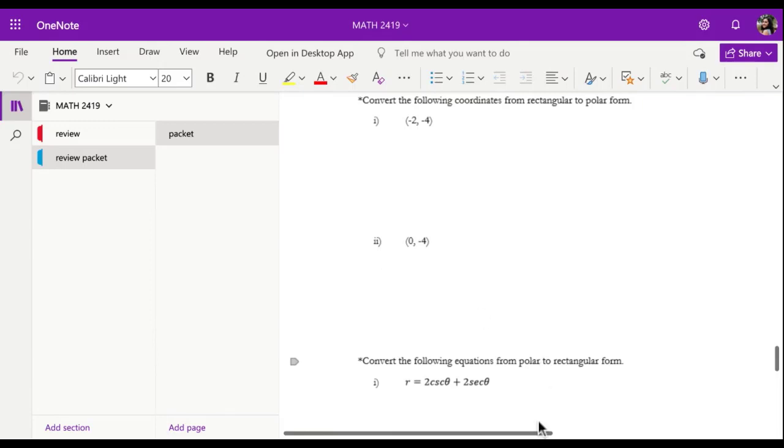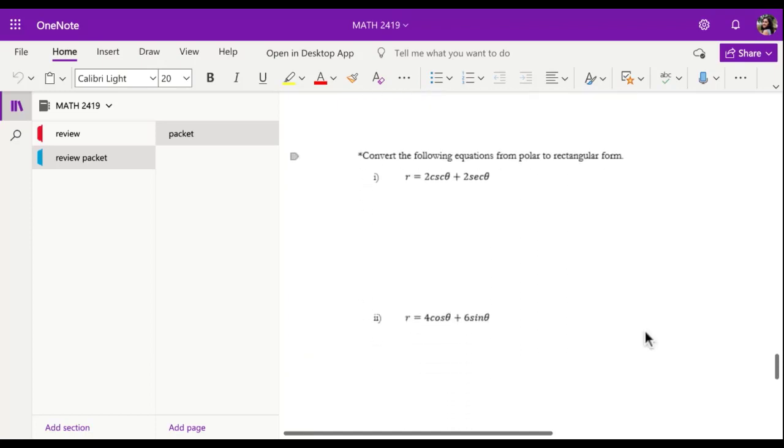So you wouldn't use pi over 2 for this situation because that theta value isn't in the correct quadrant. You would have to use the next theta value where tangent is undefined, and the next one would be 3 pi over 2, according to the unit circle. Does that make sense? Yes, that makes sense. Thank you. No problem.